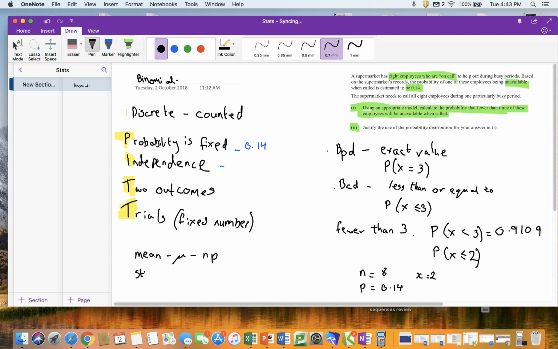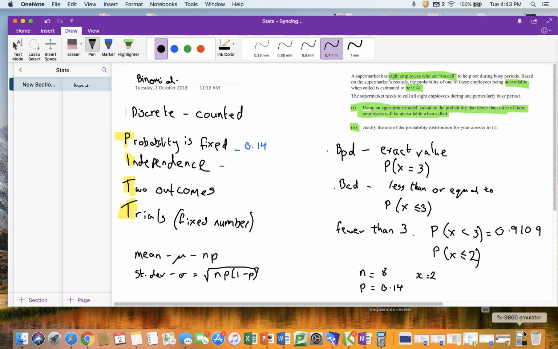And the standard deviation of the binomial, which is sigma, is the number of trials times the probability of success times the probability of failure, which is 1 minus the probability of success, and then you have to square root that. Okay, that of course is given to you on the formula sheet. On the top of your formula sheet you have a table for the binomial distribution, and it gives you the formula if you're using the formula, and it gives you the mean and standard deviation equations there. So that's all available for you.